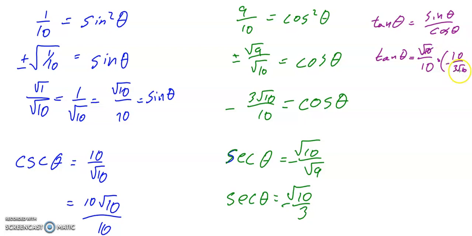The radical 10 and the radical 10 are going to cancel out. The 10 and the 10 are going to cancel out. And we're going to find out that the tangent of theta is, let's see, those are all canceled out, so I am left with a negative 1 over 3. And then the cotangent of theta is the reciprocal of tangent, which would be negative 3. So those are all 6 of my sine, cosine, tangent, cotangent, cosecant, and secant functions.